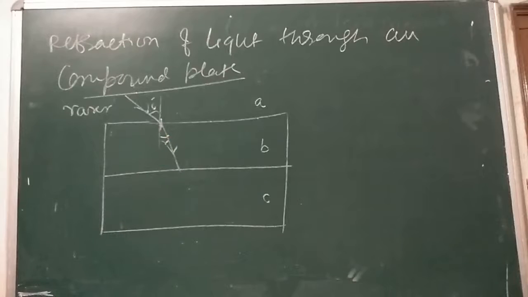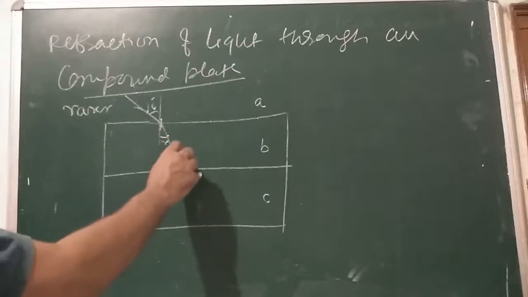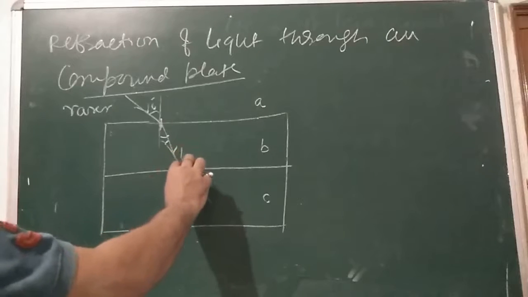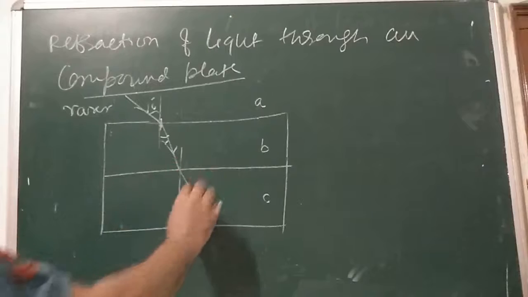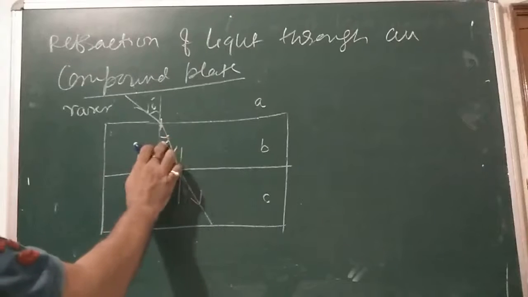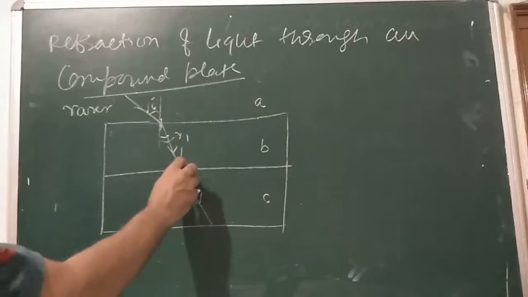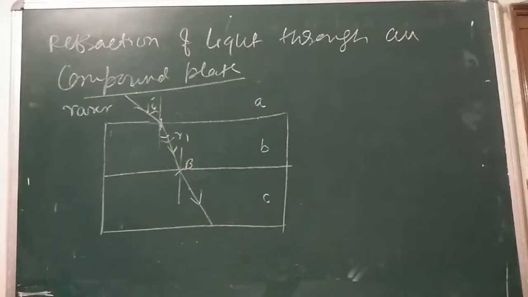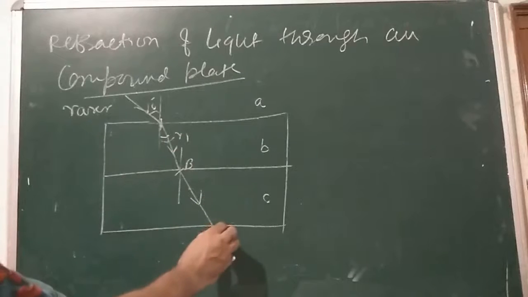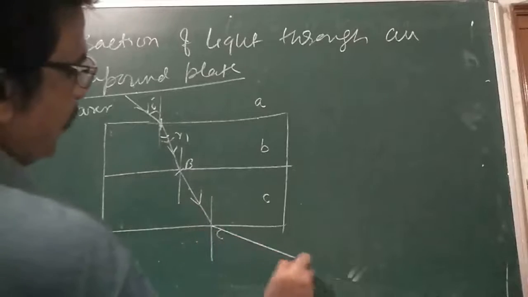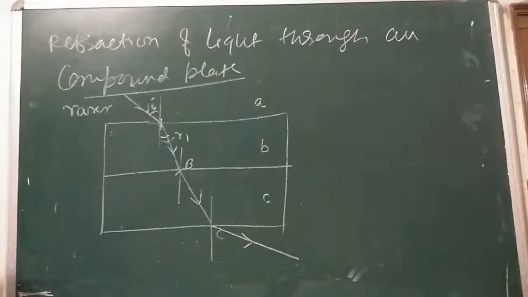Again, here the refraction occurs and the rays go like this. Here the angle of refraction is say R1. Again at a point P it goes like this to C. And at last, it goes away in this manner, say along CD.